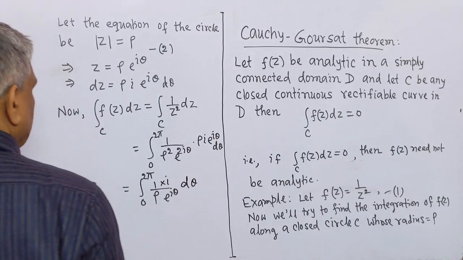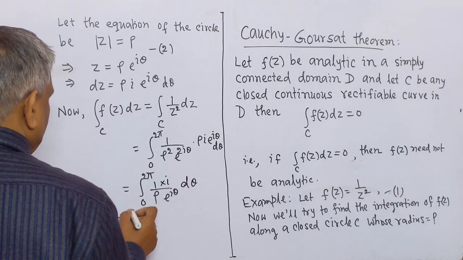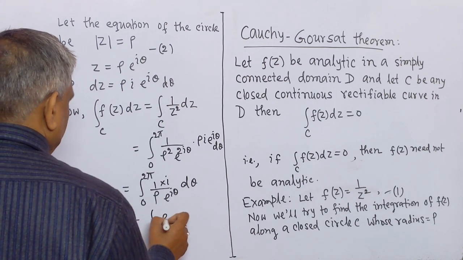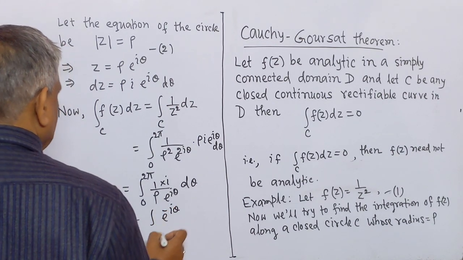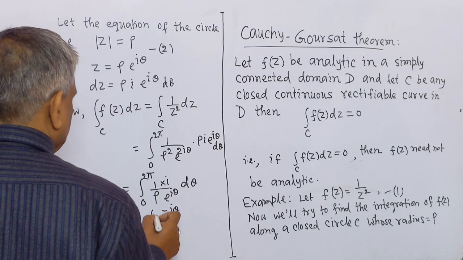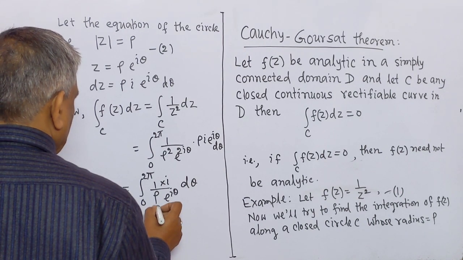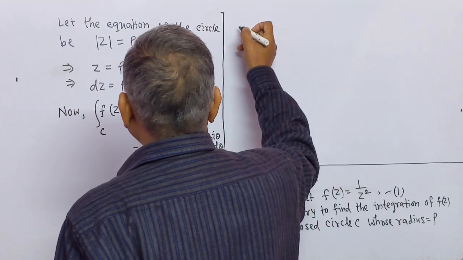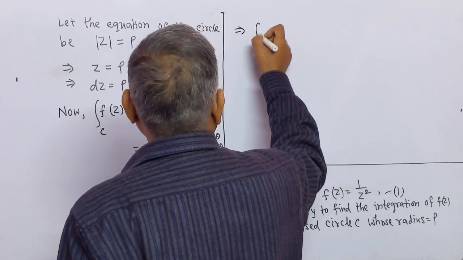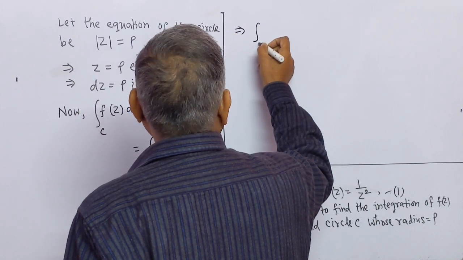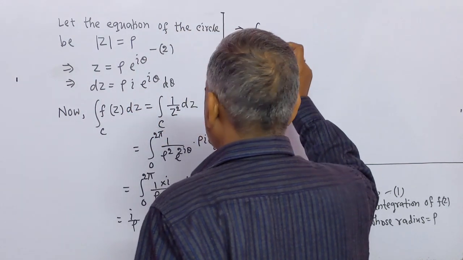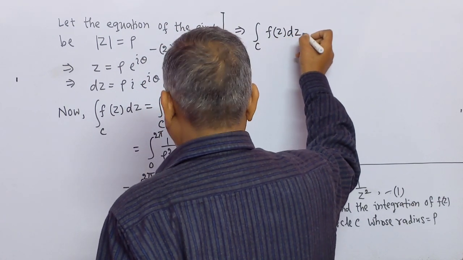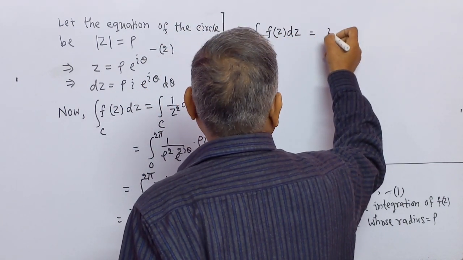This equals i by rho, the integral of e to the power minus i theta, limit 0 to 2 pi, d theta. Implies that the integration along the curve C, circle C, of f(z) dz equals i by rho.